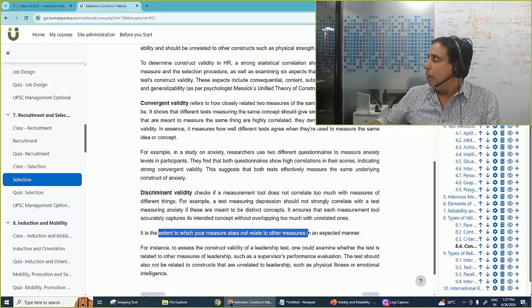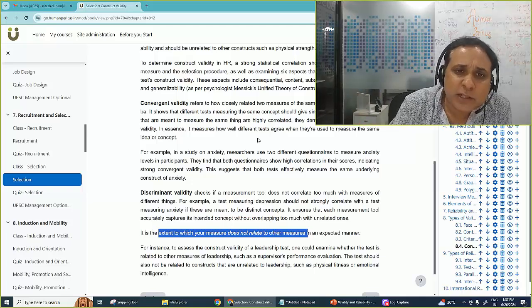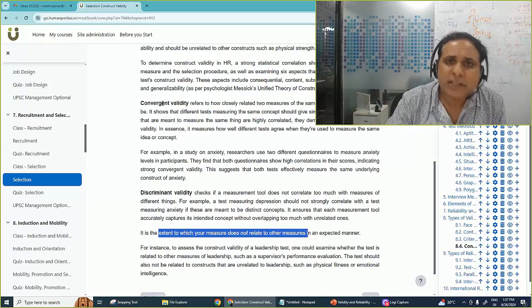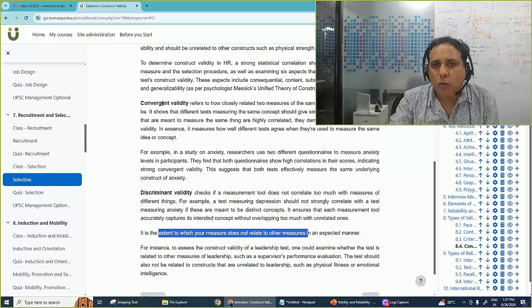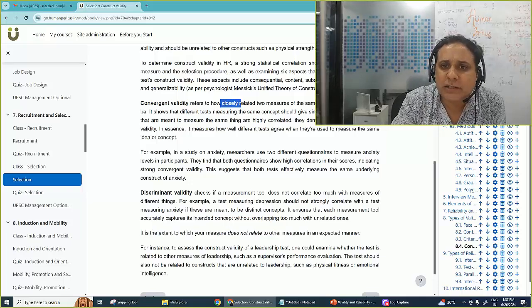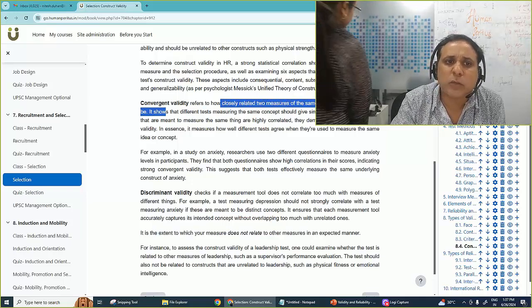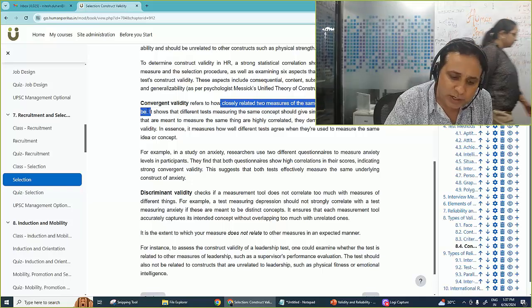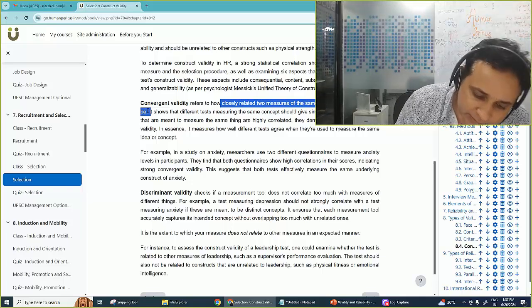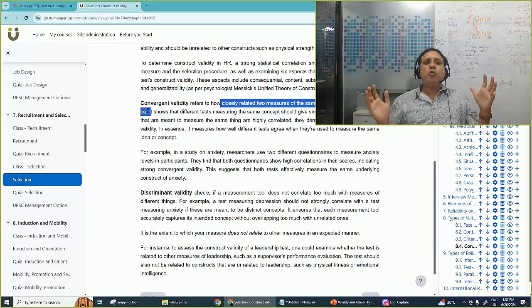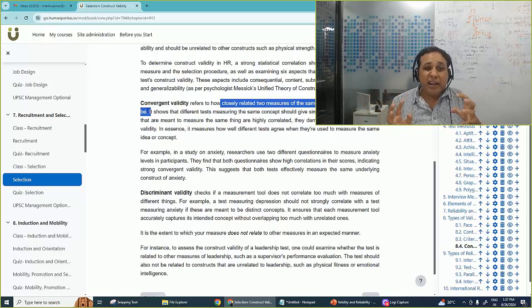What is convergent validity? Just the opposite of that: how closely related two measures of the same construct are supposed to be. So guys, what does this mean? That if there are two related concepts, for example, your anxiety level and your depression.